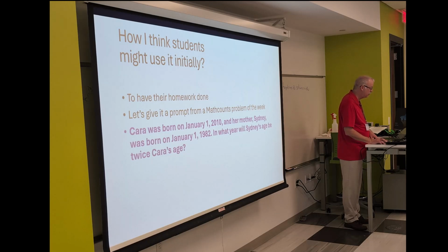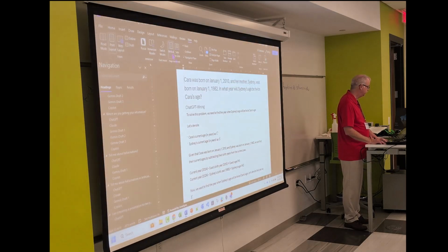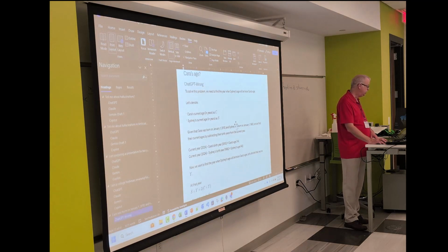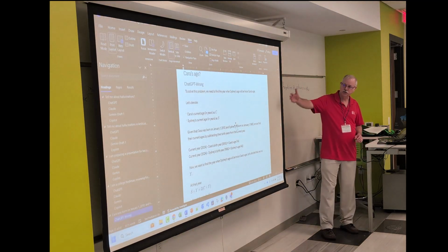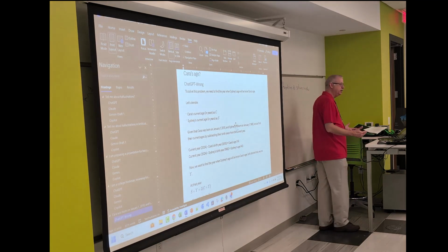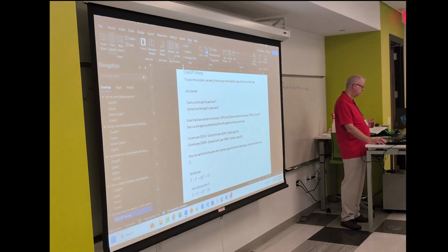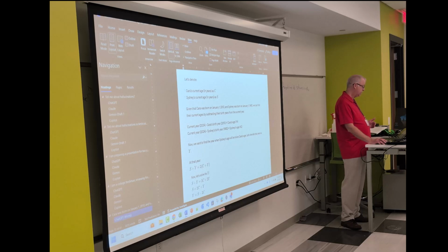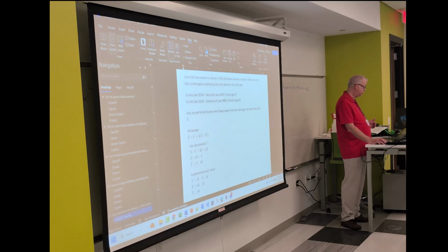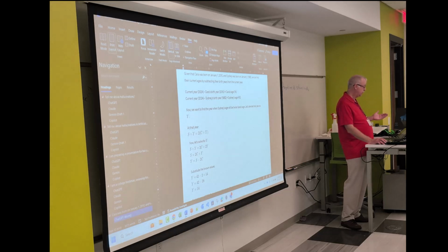Let me drag this over here so we can see what ChatGPT said to solve this problem. It starts working, and it works through the steps really nicely. It's not just the answer. I'll let you read through that. And it substitutes and gets y equals 14, in 14 years, which I think is correct.